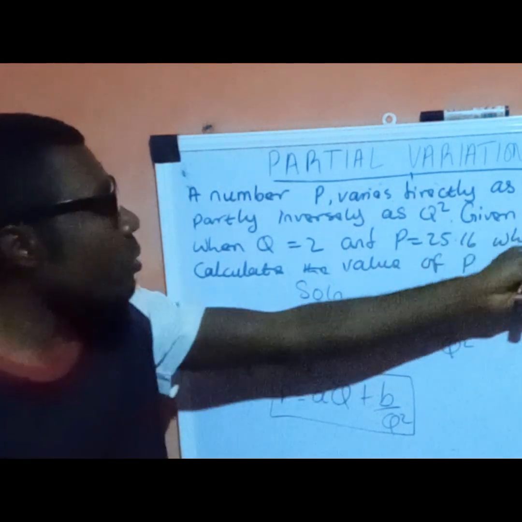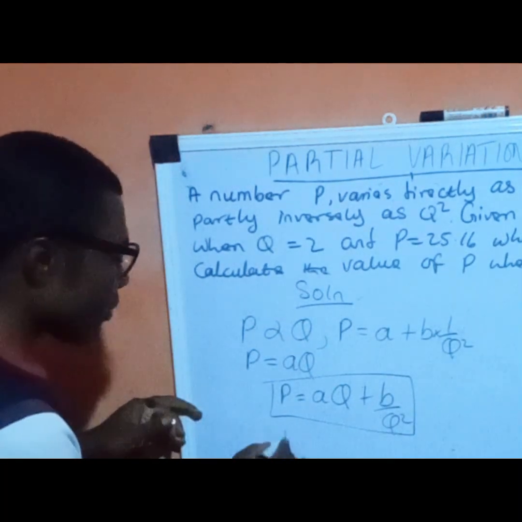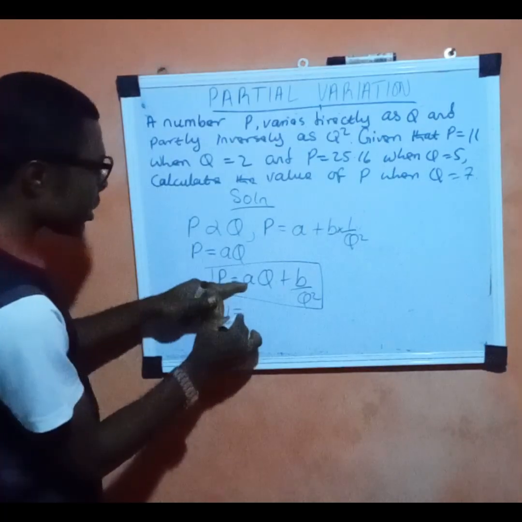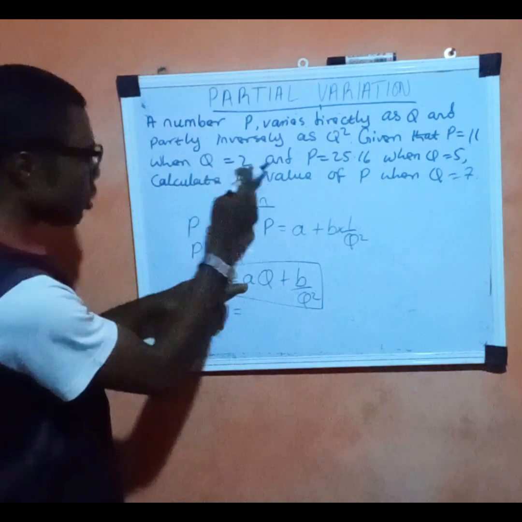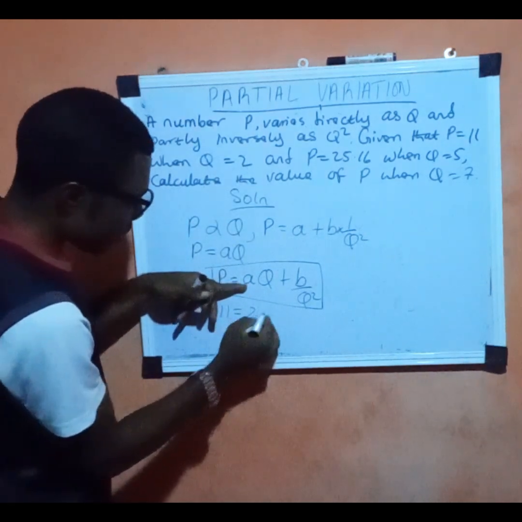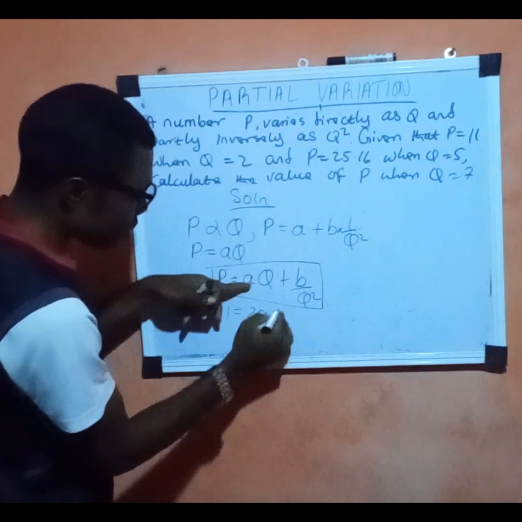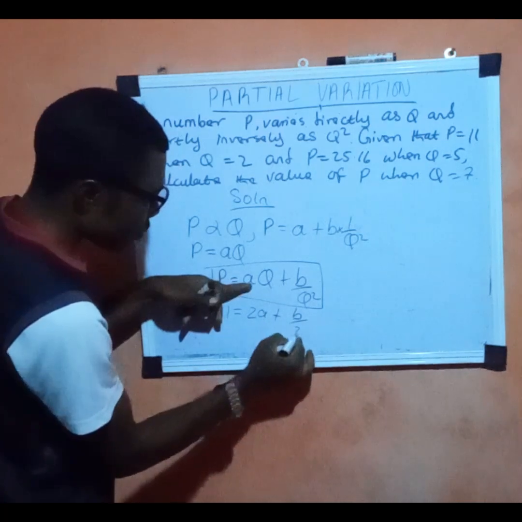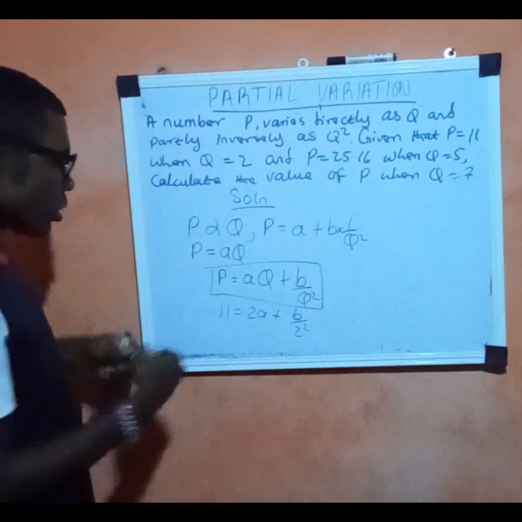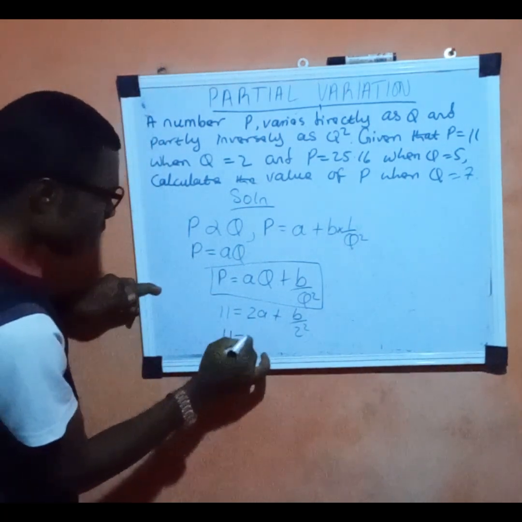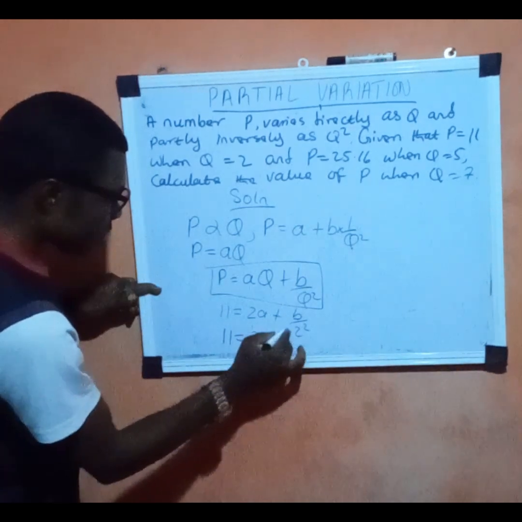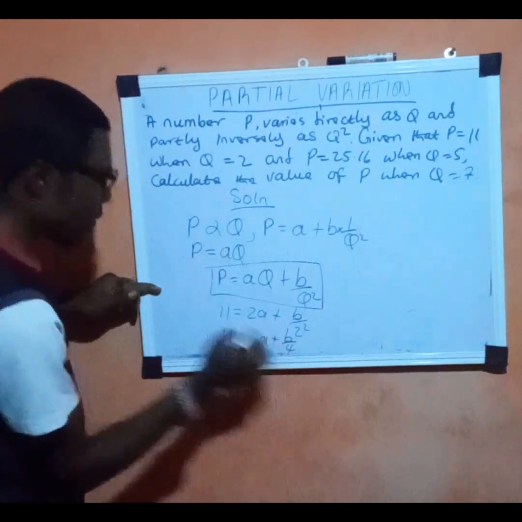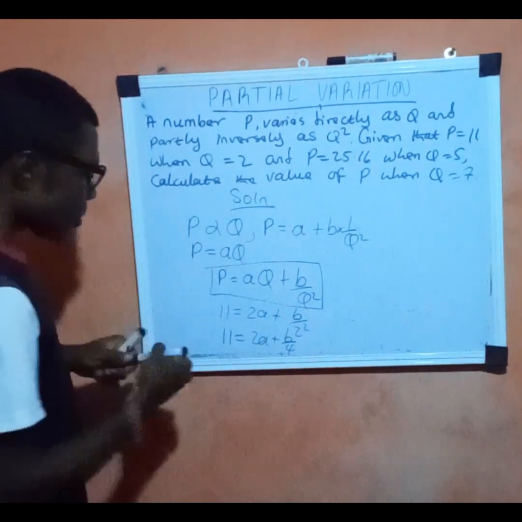So this is the equation we're going to use now. When they say given that P is 11, we have P is 11 equals A, when Q is 2, we have 2A plus B over 2 squared. Remember, Q is 2. So we have 11 equals 2A plus B over 2 squared, which is 4. This is equation 1.